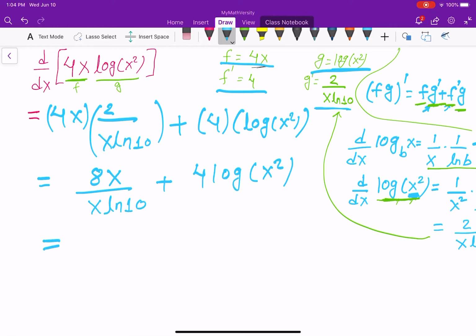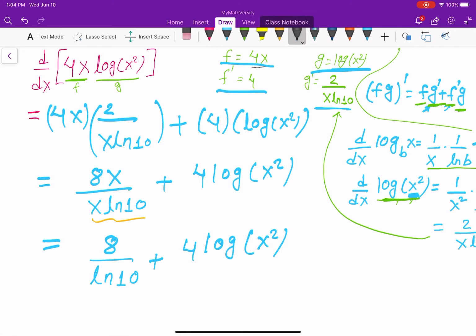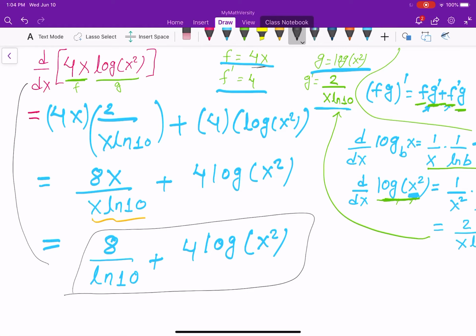And we can see there is a common factor x here. If you want, you can cancel out the common factor. When you do that, this can also be written as 8 over ln 10 plus 4 times log of x squared, and this is the derivative of the given function. So that is your derivative.